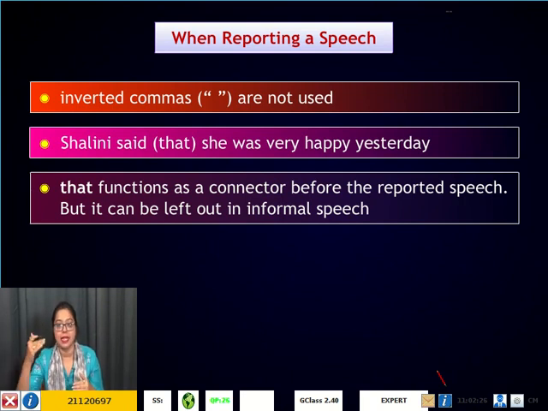Now, when we convert the same sentence from direct to indirect, what do we do? We write that. It functions as a connector, just like a conjunction in reported speech, but it can be left out in informal speech. I hope till here it's clear to all of you.